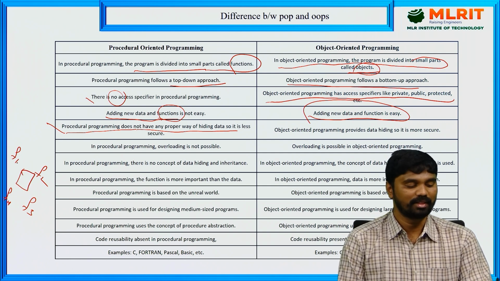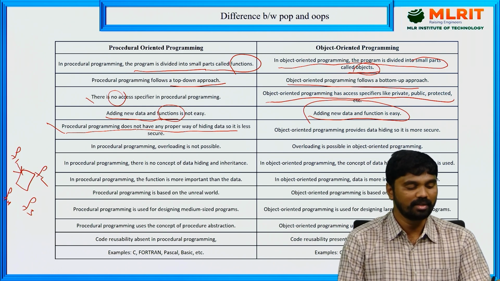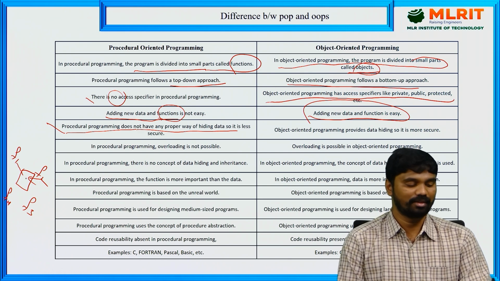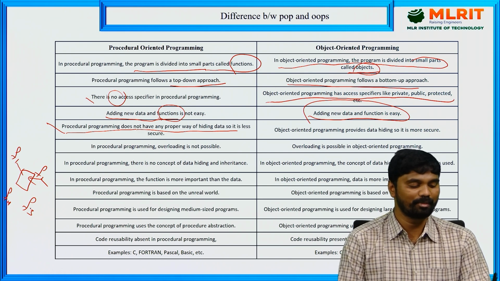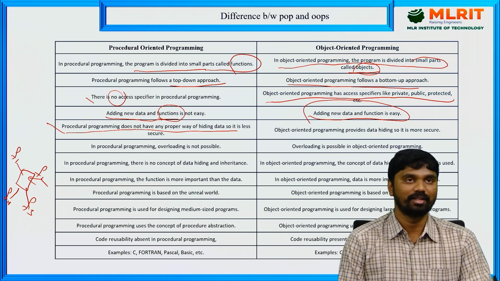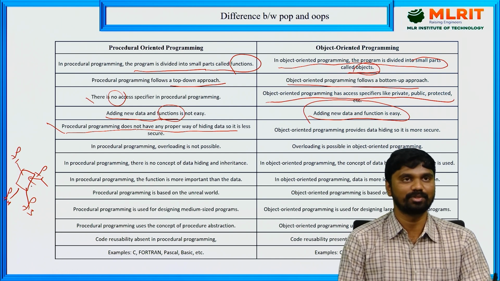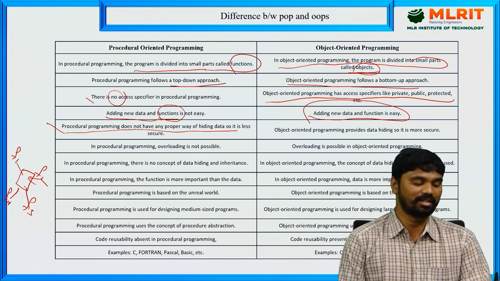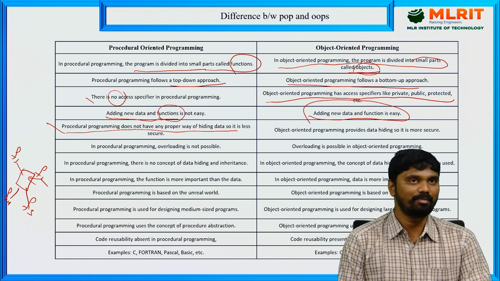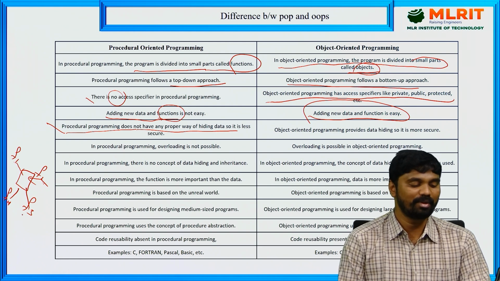That means the F1 function is going to store data into this global memory, F2 function, F3 function, F4 function, all 4 functions are going to store data in the global memory, and all 4 functions are going to access the data from this global memory. At that time there is a chance that function 1 may access function 2 data, or function 2 data may be accessed by the remaining 3 functions.